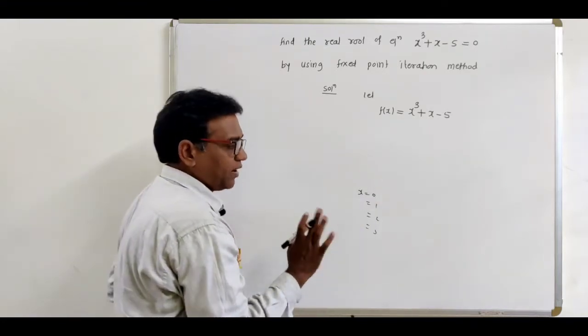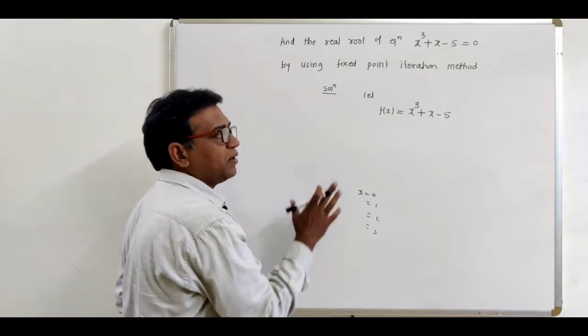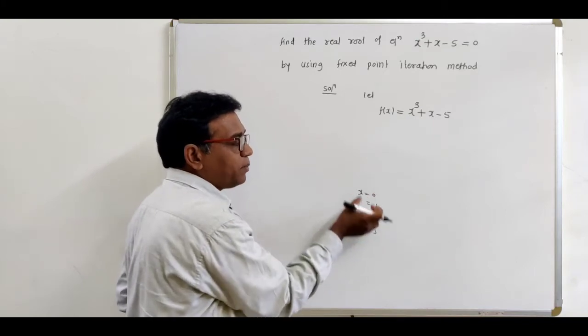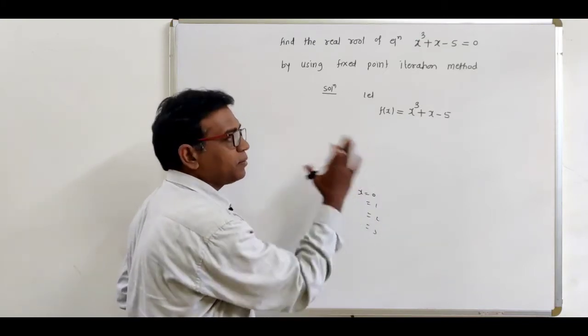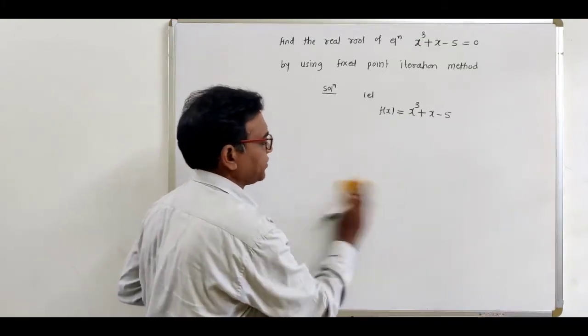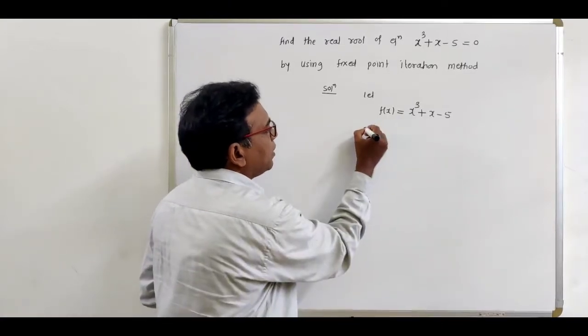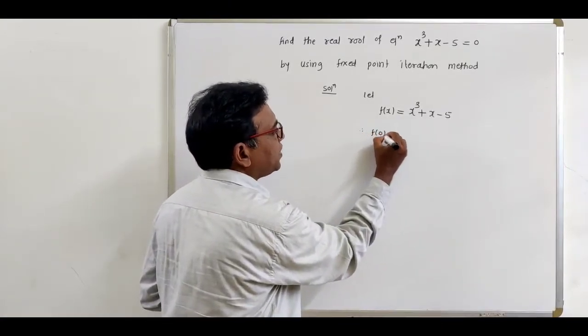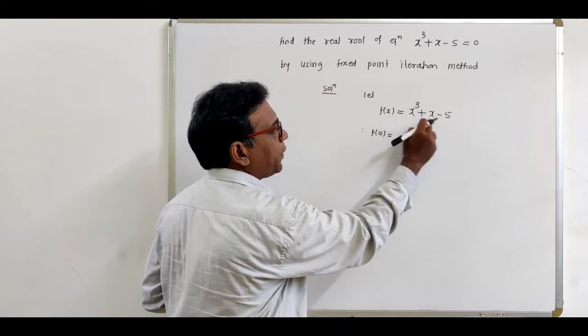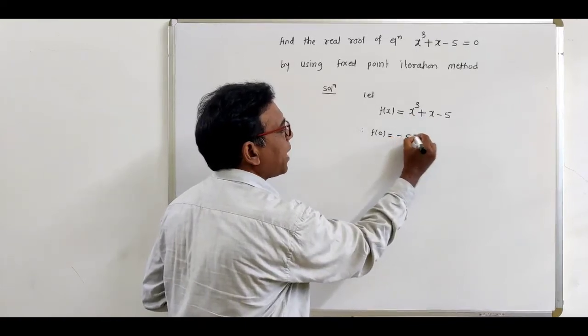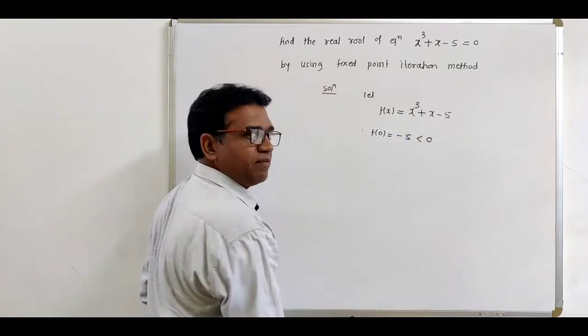This is step number 1. How to find out the real root? Just substitute some real values and get opposite functional values. Now if you put x equal to 0, then this is 0 plus 0 minus 5. So minus 5, this is the negative functional value.